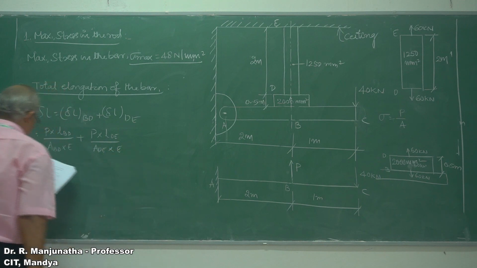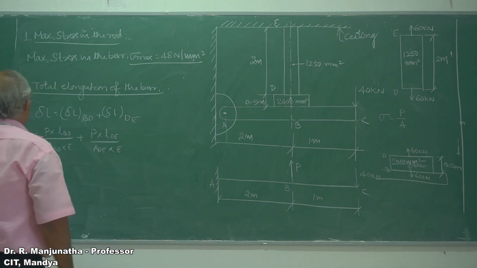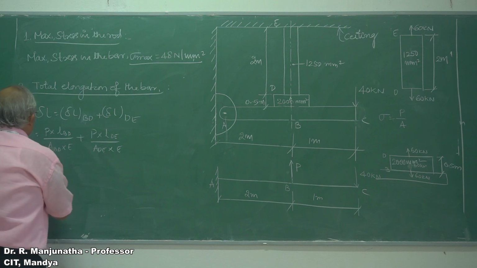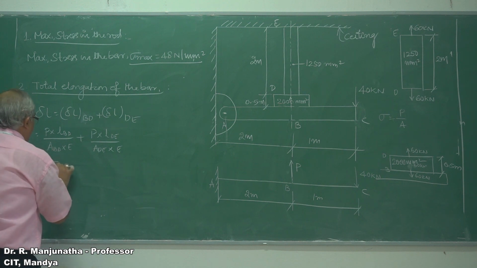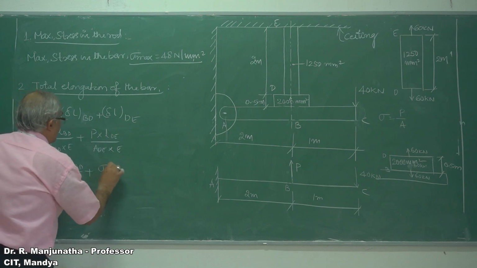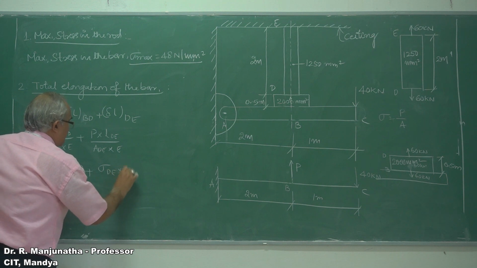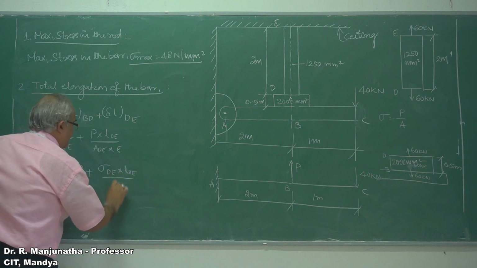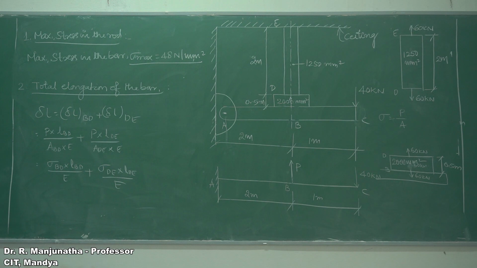So P by A will be equal to sigma BD into the length of BD by E, plus sigma DE into the length of DE by E. Sigma BD is nothing but sigma 1 and sigma DE is nothing but sigma 2.